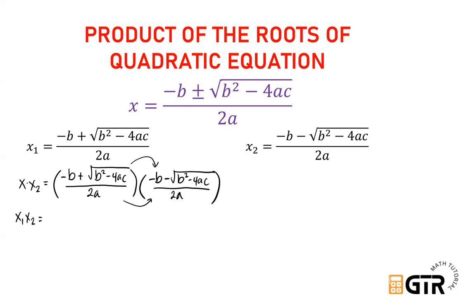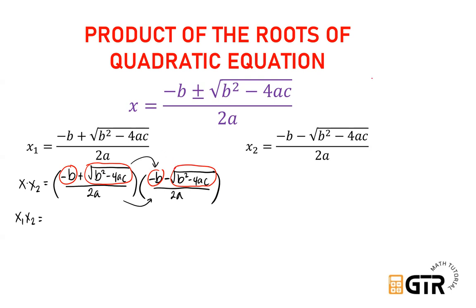As you can see in the numerator, parehas yung term natin. The first term is negative b and negative b. The second term is the same, positive square root of b squared minus 4ac and negative square root of b squared minus 4ac.